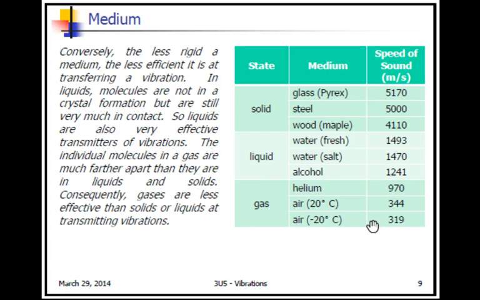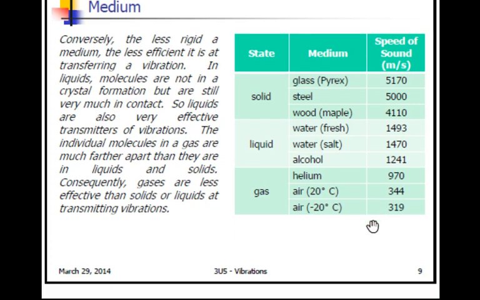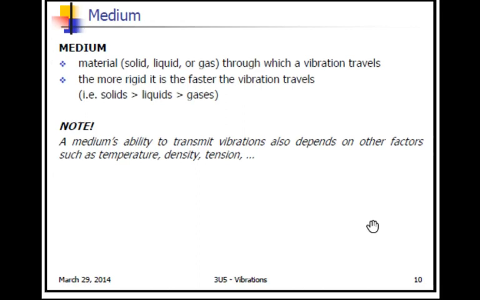So in air, sound actually travels relatively slowly compared to the speed of sound in water or in wood or glass, for example. A medium is a solid, liquid, or gas through which a vibration travels. The more rigid the medium, the faster the vibration travels.